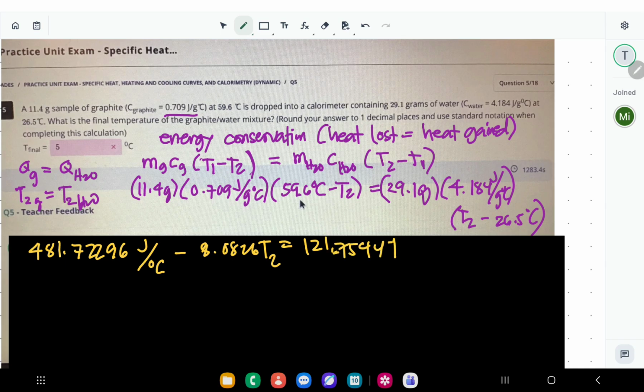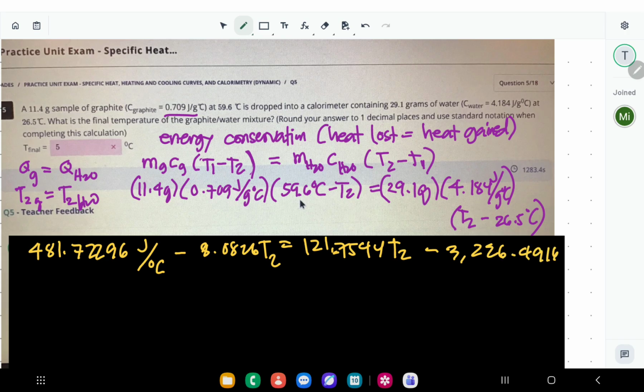That is 121.7544 T2 minus 29.1 times 26.5, that is 3,226.4916.